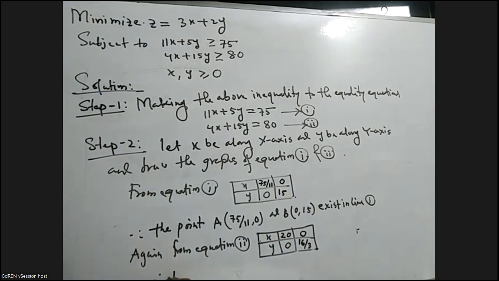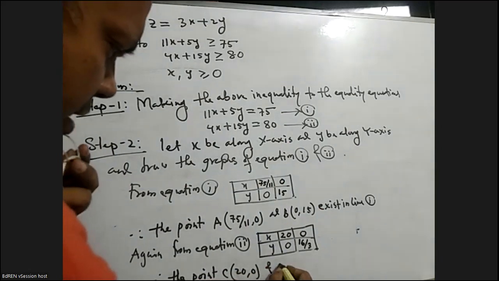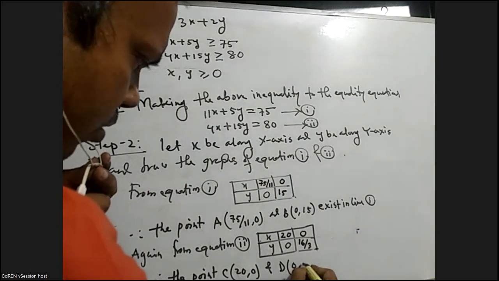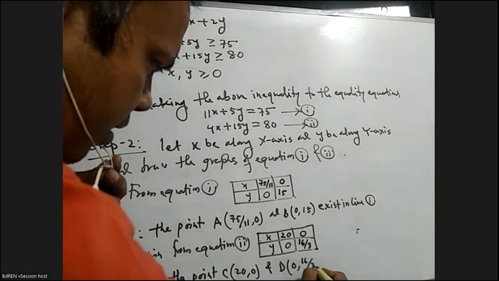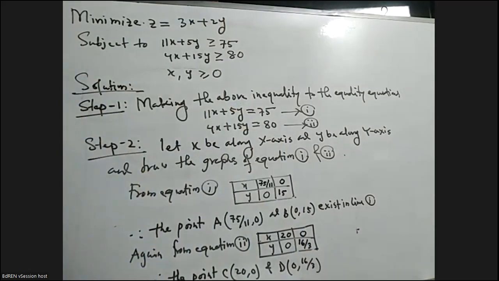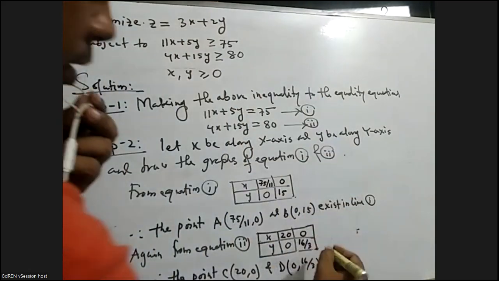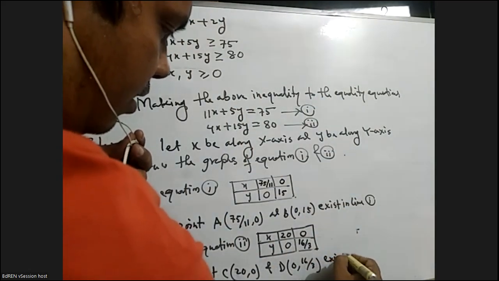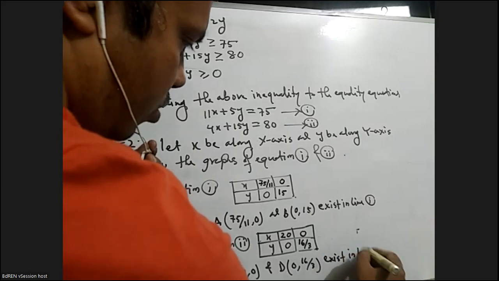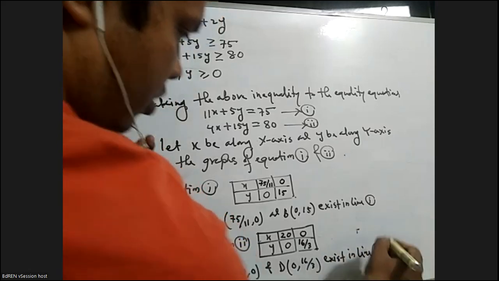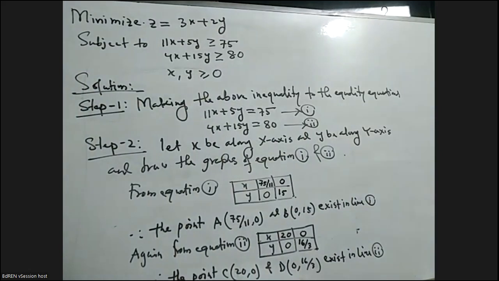Therefore, the point C will be (20, 0) and D (0, 16 by 3), which exist on line 2 or equation 2.